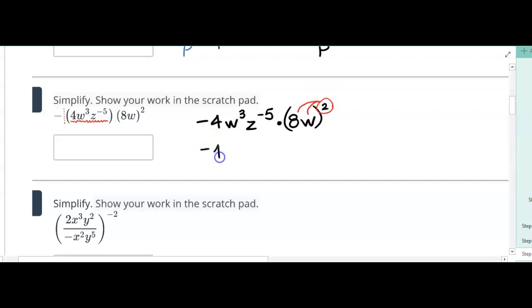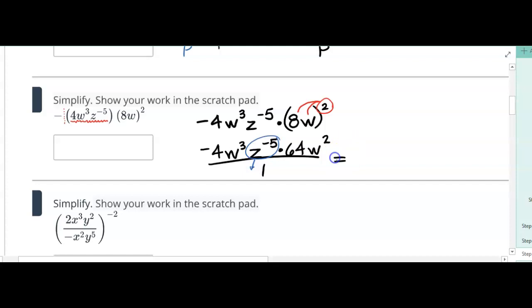So again, I have -4, w to the 3rd, z to the -5. 8 squared is 64, w squared. I put all of it over 1 because the z to the -5 needs to move down to become positive.